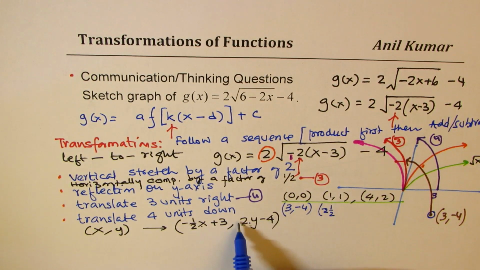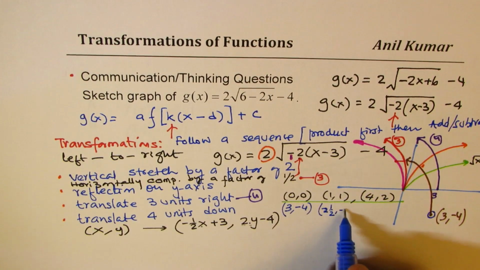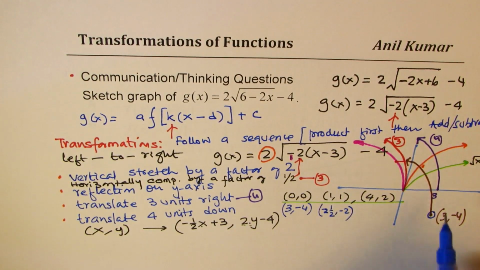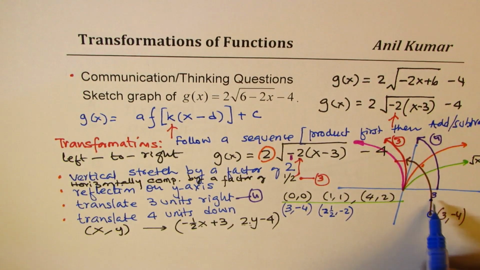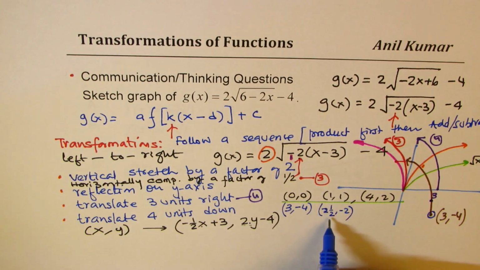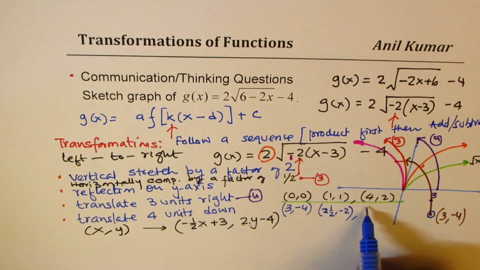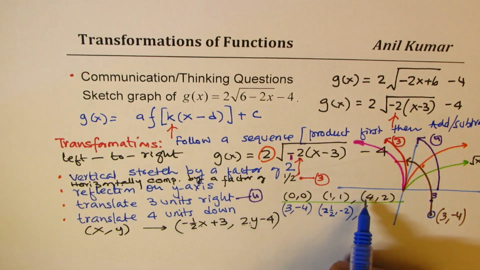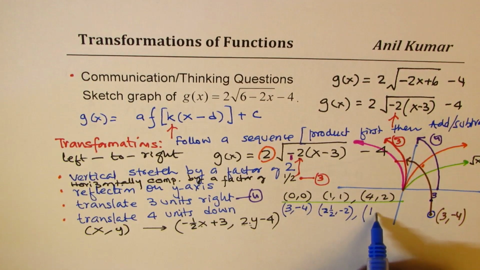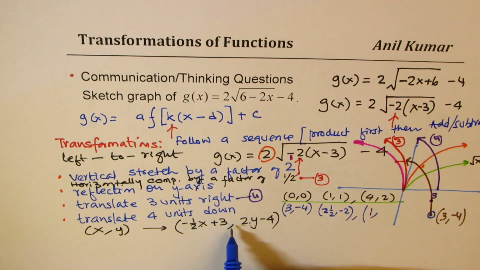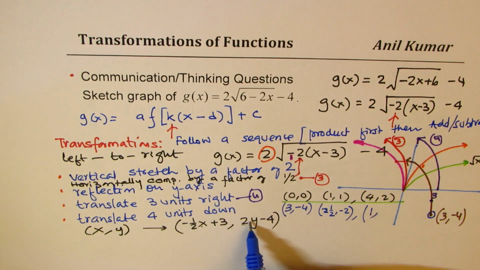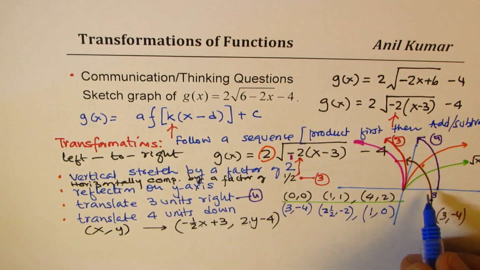So we get 1 times 2 as 2, minus 4 gives us minus 2. So we get some value here, which will be that value. And the third point, half of 4 is 2 with the negative sign, minus 2 plus 3 gives us 1. And y value gets multiplied by 2, so we get 0 here. So that is this point.